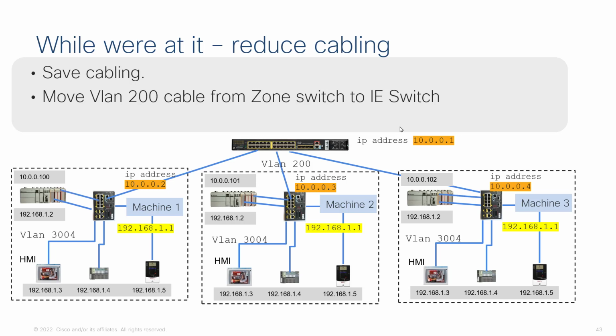And now, of course, the difference being that the interface between the controller and the switch for the 10.0.0.100 is VLAN 200. So you have to make sure that the interface connected on the machine is set to be a VLAN 200 interface and not a VLAN 3004 interface. But you savvy network administrators already know that.